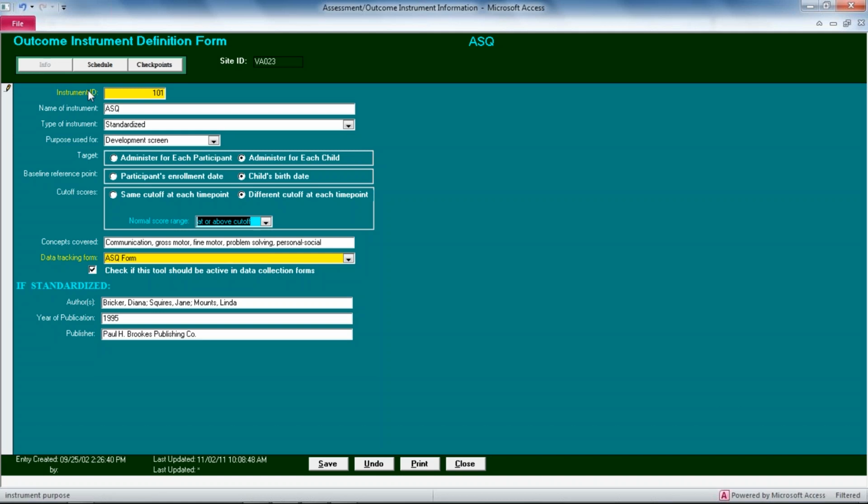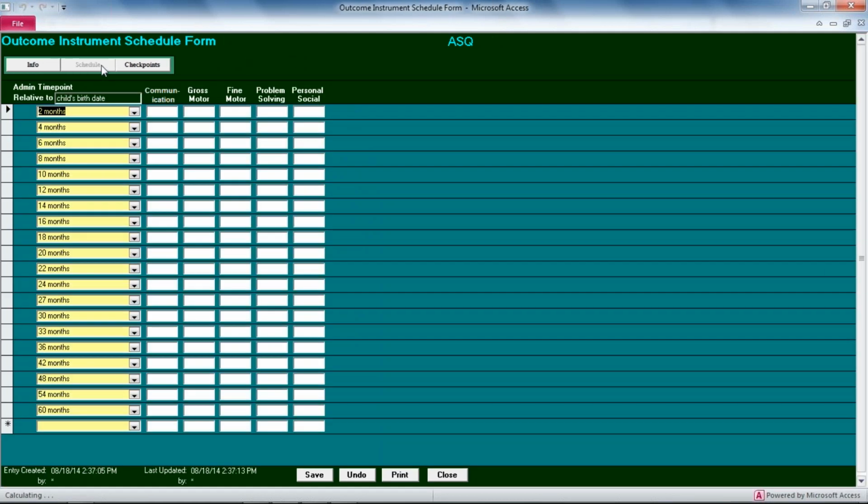However, when you now go to the schedule, it may horrify you because there are a lot of time points and scales. The good news is that we're not using the ASQ within normal limits information for our outcome.